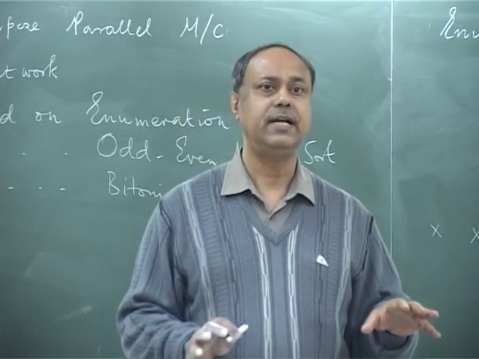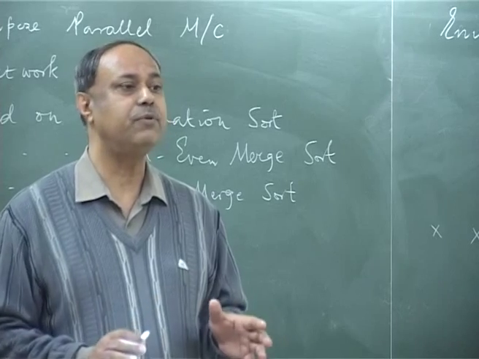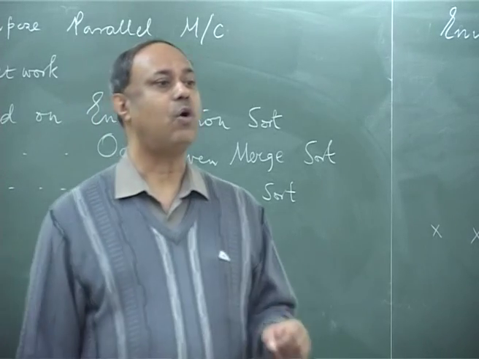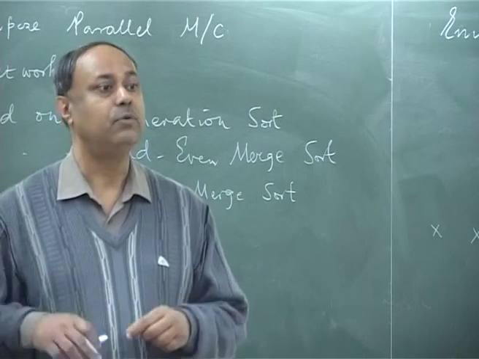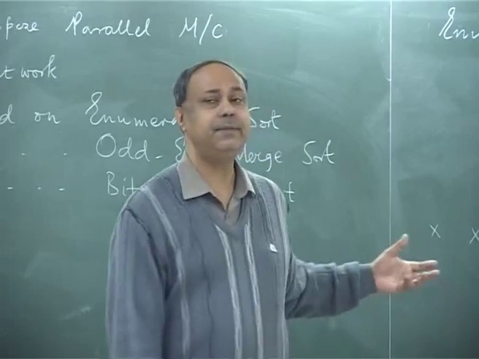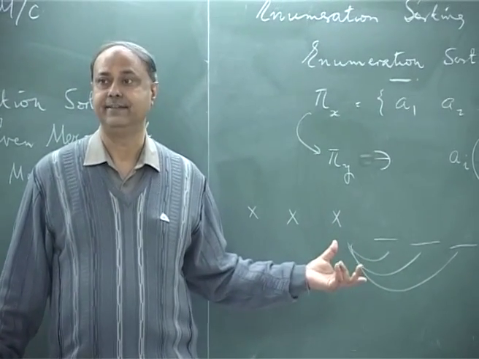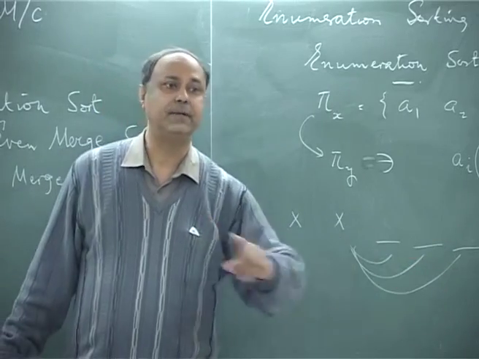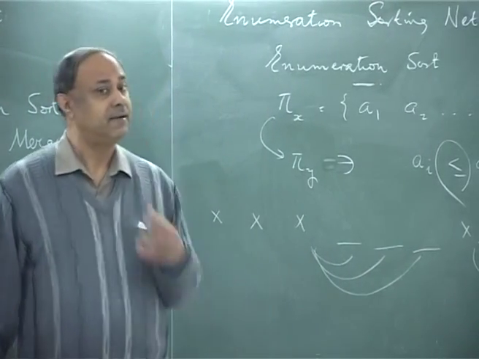But if they are not distinct, then quick sort will not give you any guarantee that the first occurred element will occur first and the second occurred of the same element will occur second. That is not guaranteed. You get the sorted sequence, but not the stable one.